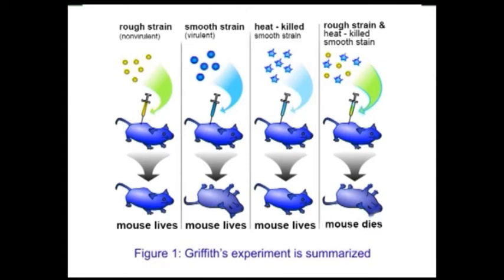Furthermore, live cells could be recovered from the dead mice. These cells gave smooth colonies and were virulent on subsequent injection. Somehow, the cell debris of the boiled S cells had converted the R cells into live S cells. The process is called transformation.